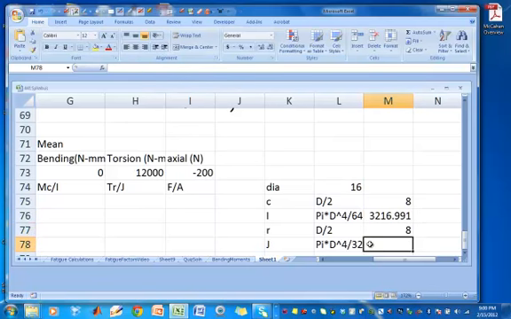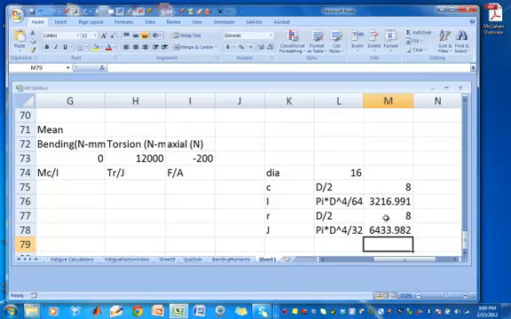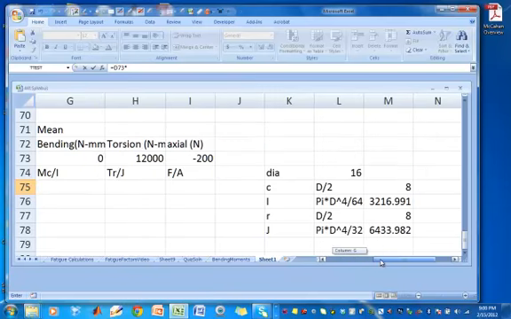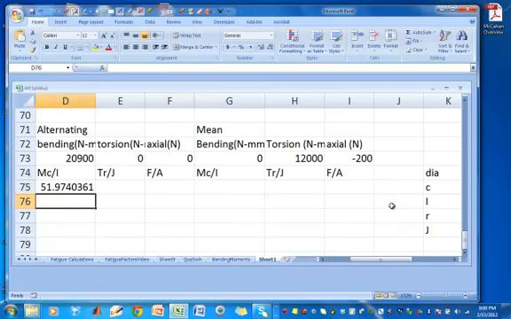So J is equal to that times 2. Okay, so we got everything. So we go back here and we compute, equals this times c divided by I, 52 megapascals.